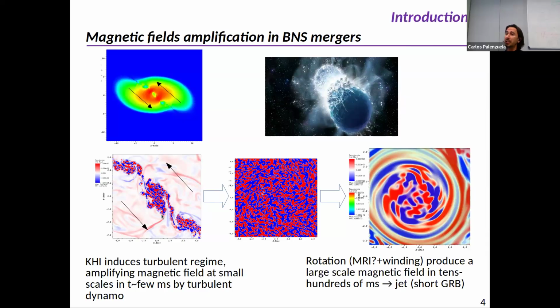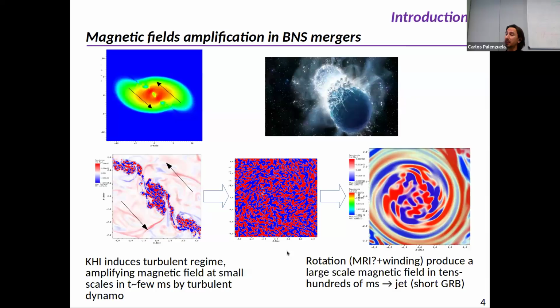And here we have some snapshots of how the Kelvin-Helmholtz instability starts to act during the merger, amplifying the magnetic field that is here in red and blue. After some time, most of the star is in this turbulent state, where we can see the small scale, almost random magnetic field, but with a very strong magnitude.